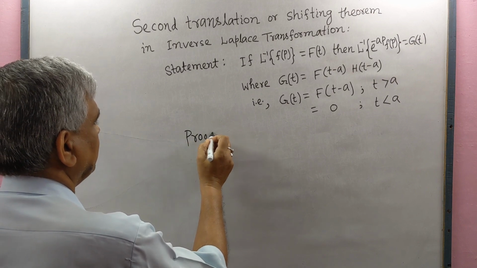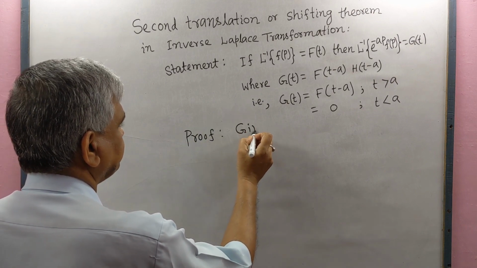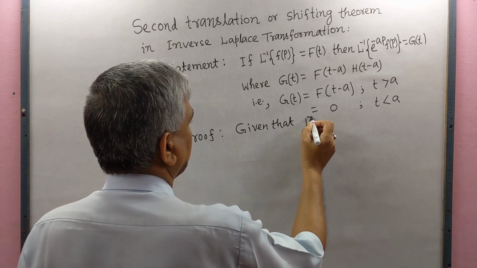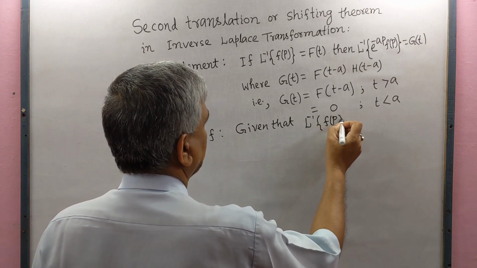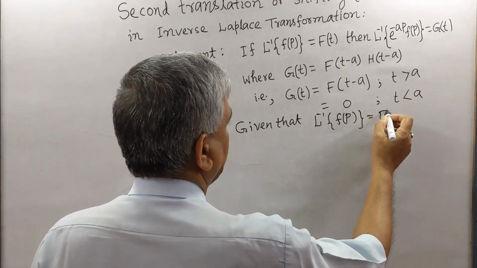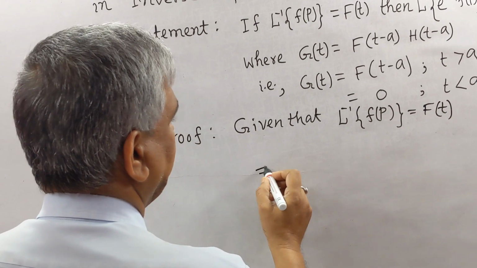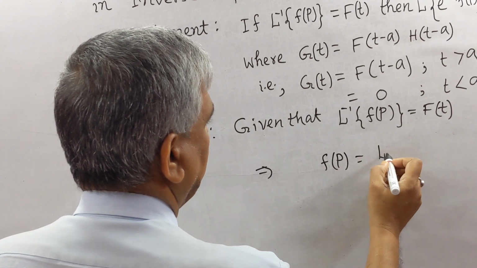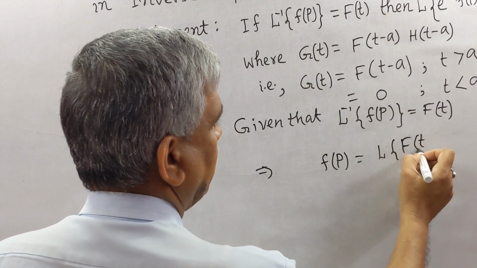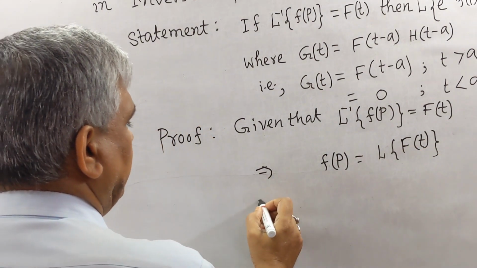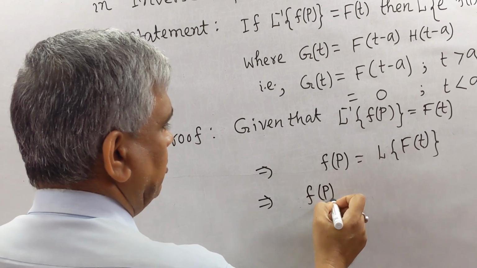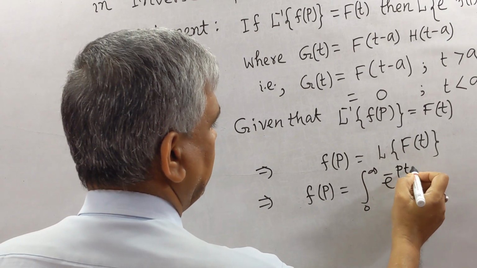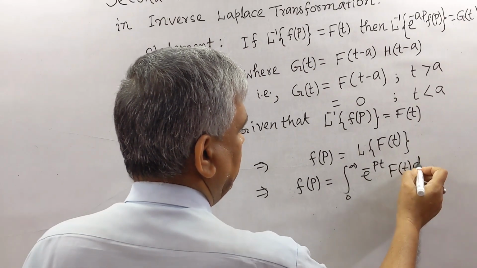Proof: given that L inverse F(p) equal to f(t) implies that F(p) equal to L of f(t), implies that F(p) equal to integral 0 to infinity e to the power minus pt f(t) dt.